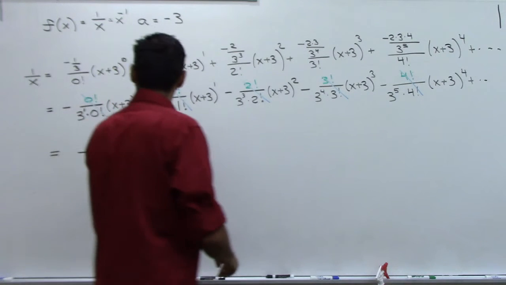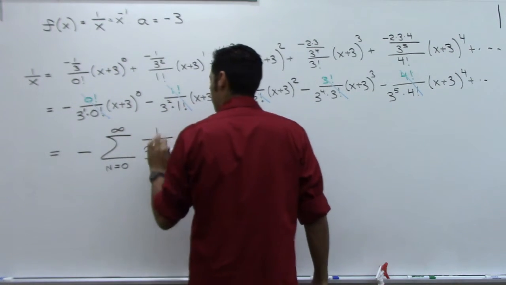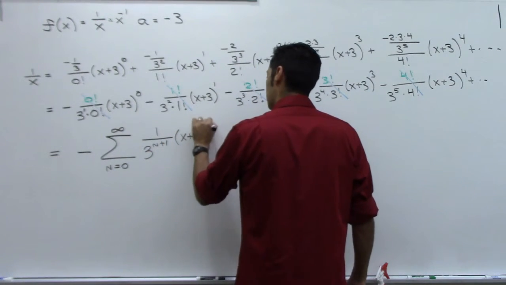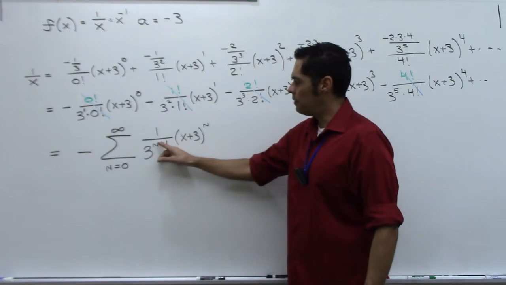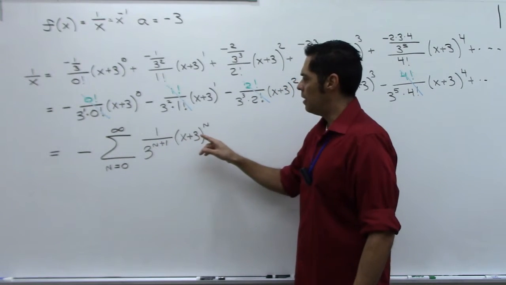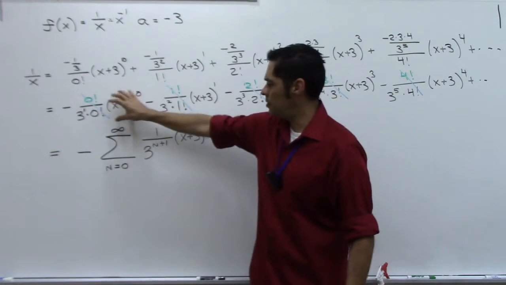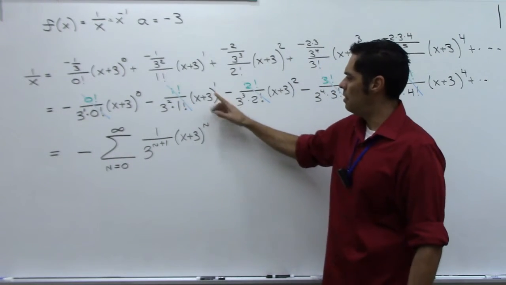So I need to put 1 over 3 to the n plus 1, that'll give me 3 to the first power, and then (x plus 3) to the n. So if I plug in n is 0, I get 3 to the first, and then I get (x plus 3) to the 0, so that'll give me this. If n is 1, I get this, and then this, and that continues.